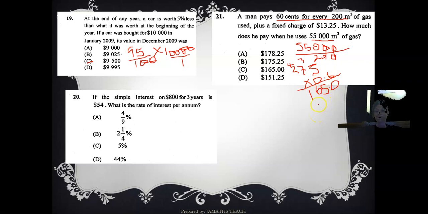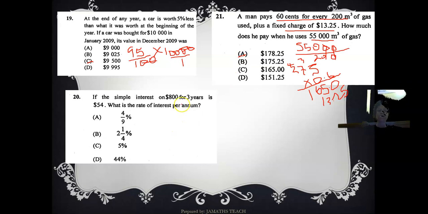So that's 165, and then there's a fixed charge of $13.25, so we have to add that. I'm only allowing this bad writing to go on because the answer is on the next slide. So when we add that now, we'll end up getting 178.25, which would be A for our answer.